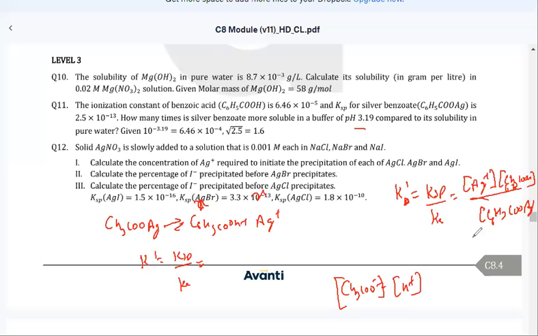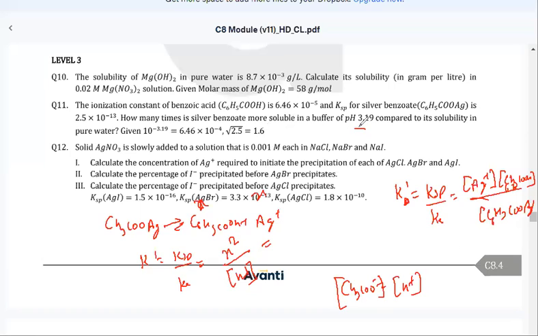So the concentration of C6H5COO minus will almost be equal to the concentration of H plus. So X squared divided by the concentration of H plus, and the concentration of H plus is given, which is 10 power minus 3.19.